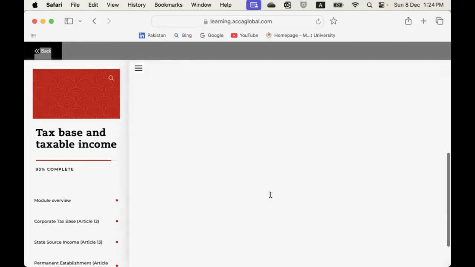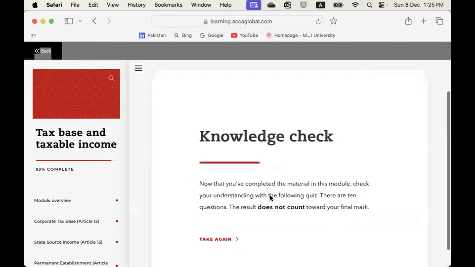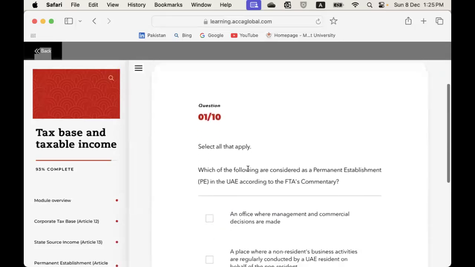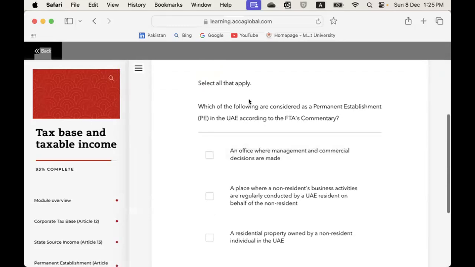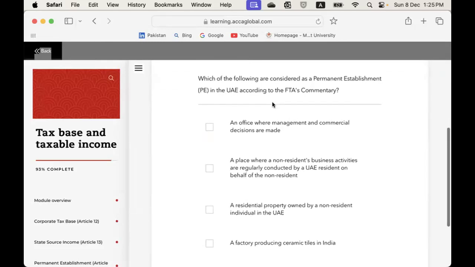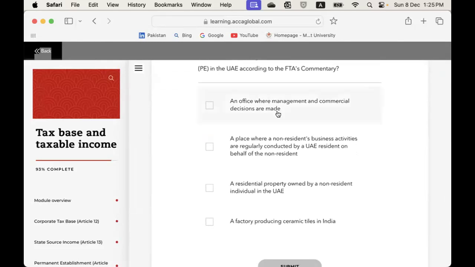Anyways, moving forward, we come to the knowledge check. Select all that apply. Which of the following are considered as permanent establishment in the UAE according to the FTA commentary? An office where management and commercial decisions are made.